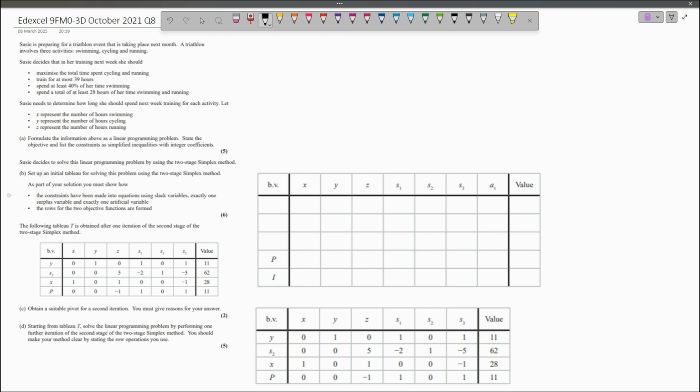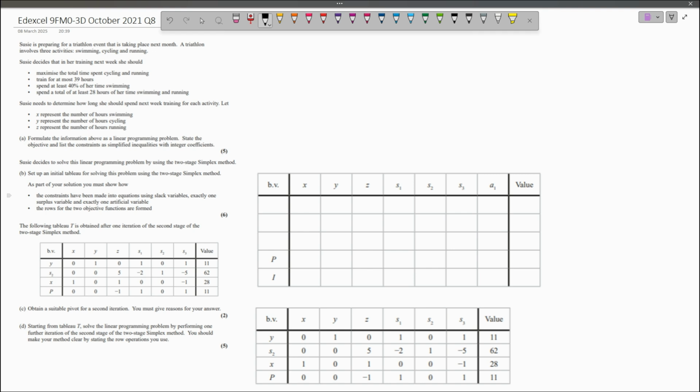Susie decides in her training next week she should maximise the total time spent cycling and running, train for at most 39 hours, spend at least 40% of her time swimming, and spend a total of at least 28 hours of her time swimming and running.